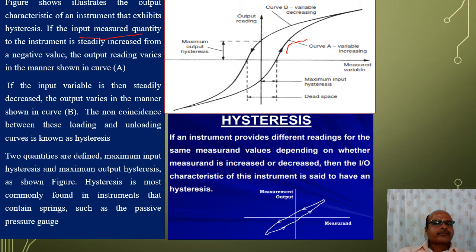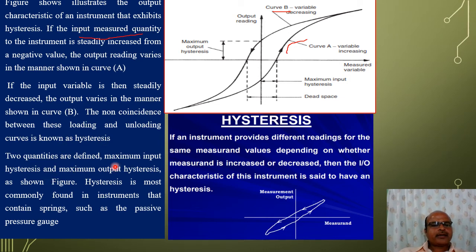Next, if the input variable is then steadily decreased, the output varies in the manner shown in curve B. So this is curve B. The non-coincidence between these loading and unloading curves is known as hysteresis.